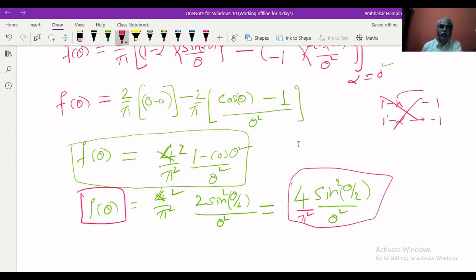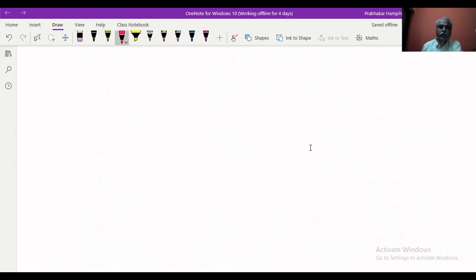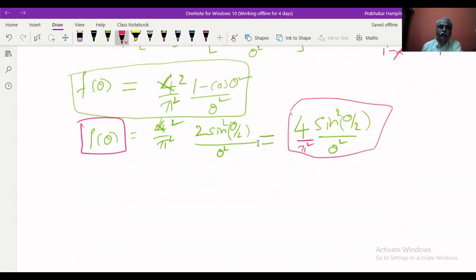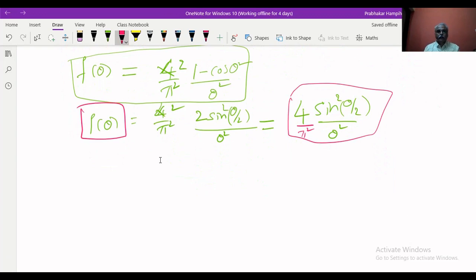Now, to find the evaluation part, let us see what we consider. To find the evaluation part, I'll consider the same thing. See carefully.